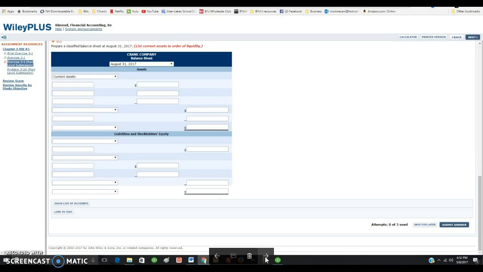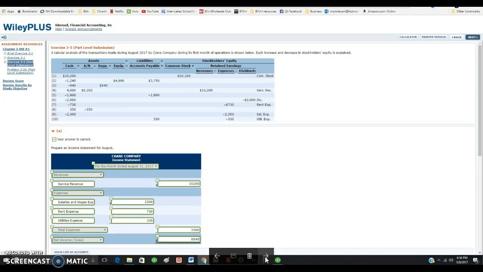The first item on our classified balance sheet, and we're listing our assets in order of liquidity, is current assets. And the first, most liquid item on the table was cash, and we have it here.